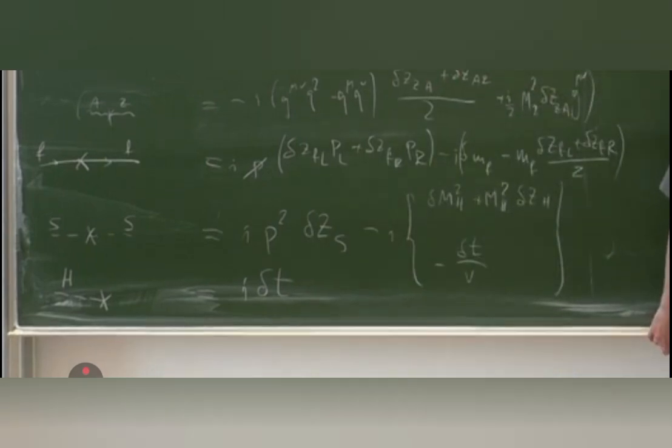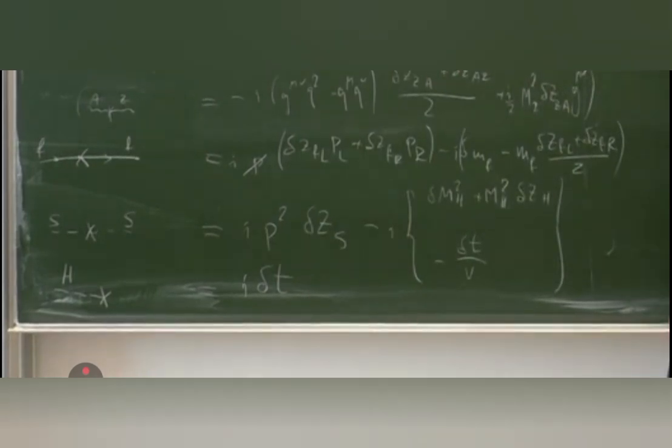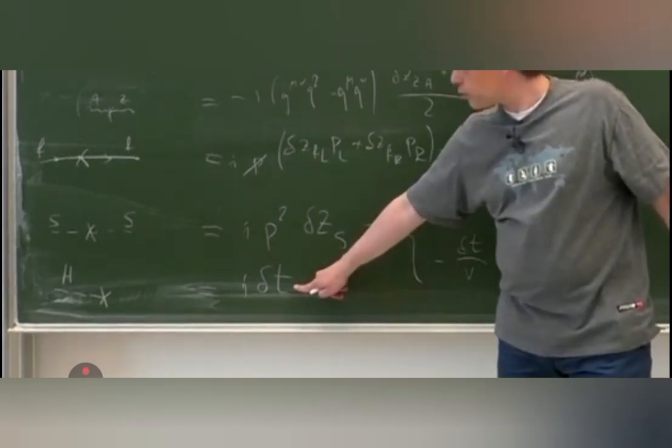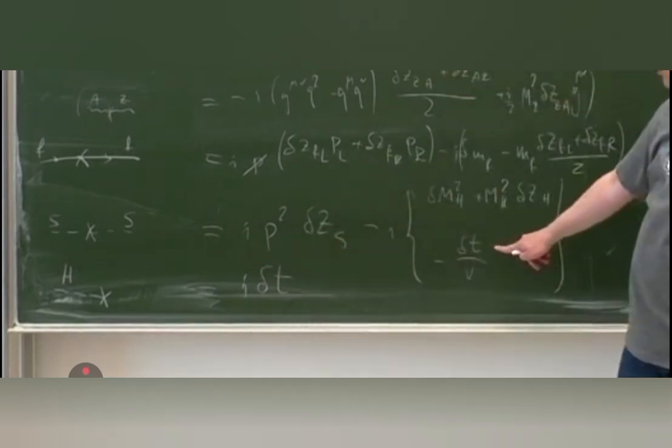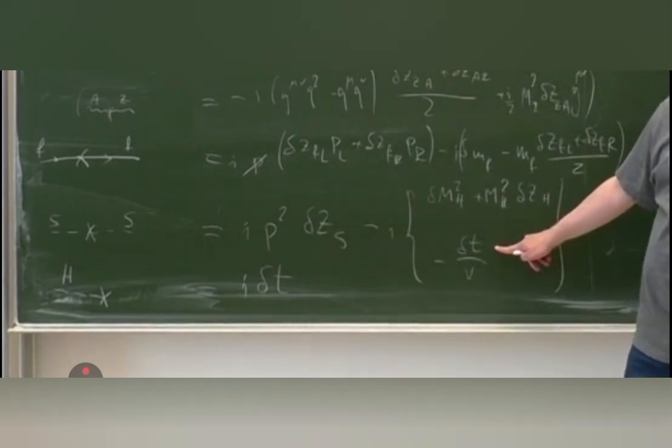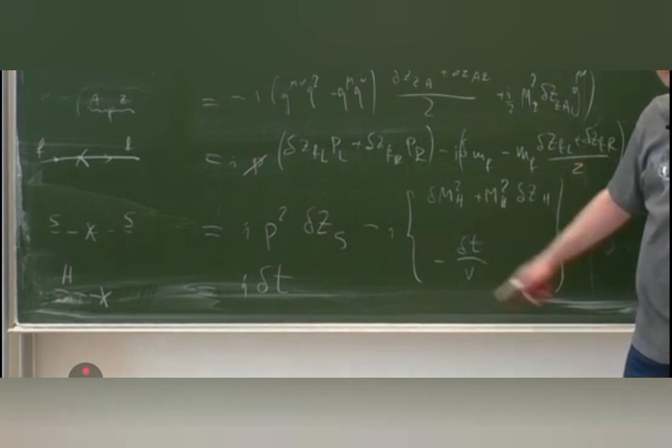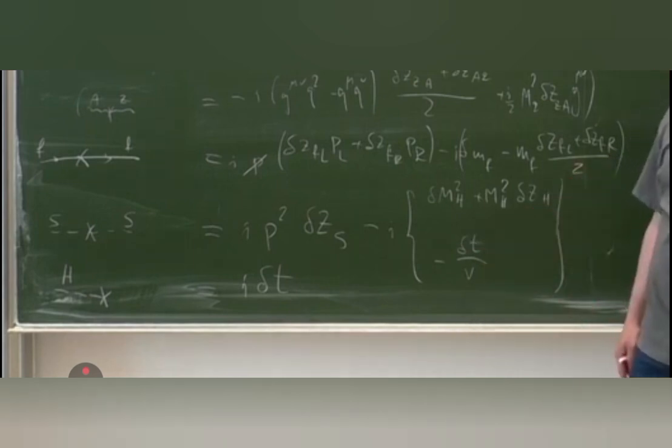The claim would be that if the divergence of the tadpole is cancelled by delta T, then automatically also the Goldstone divergence in the mass is cancelled with the same renormalization constant. So there is an interrelation between the divergences.